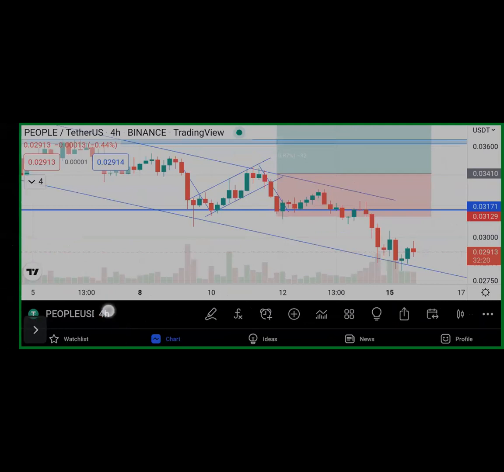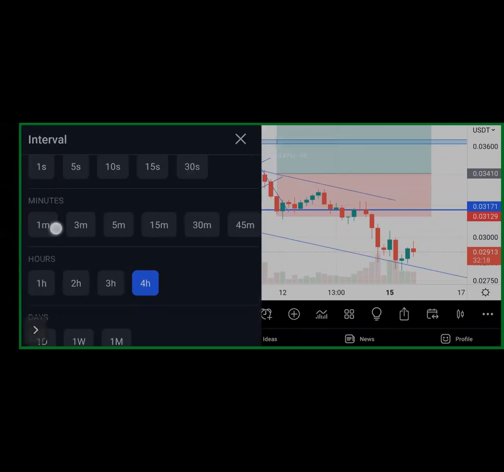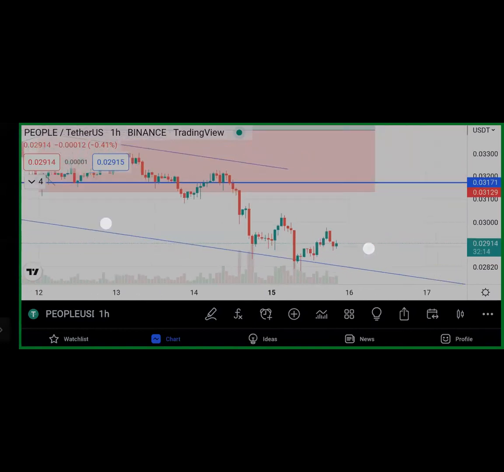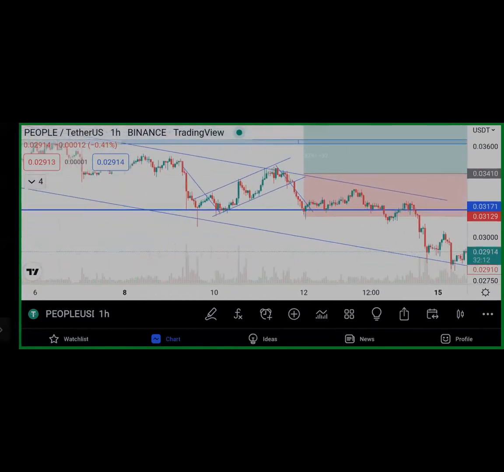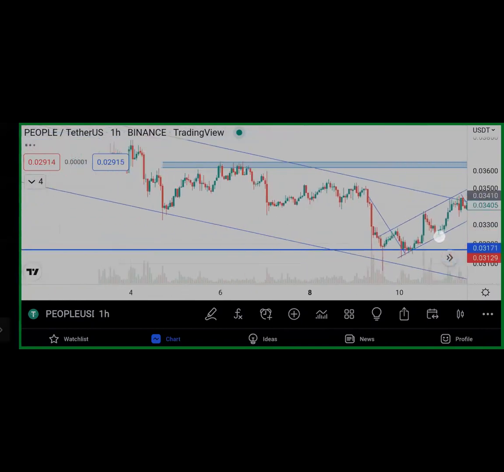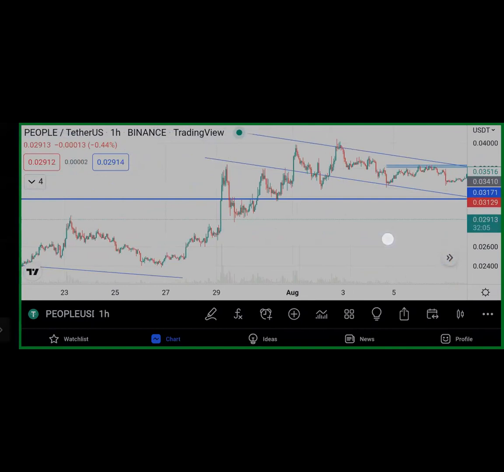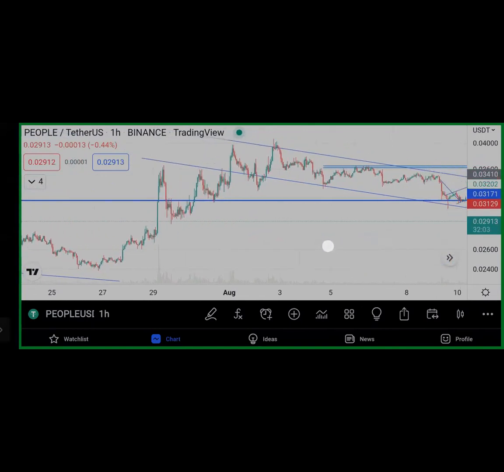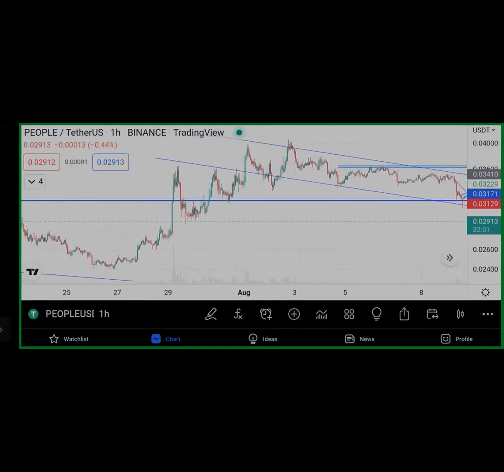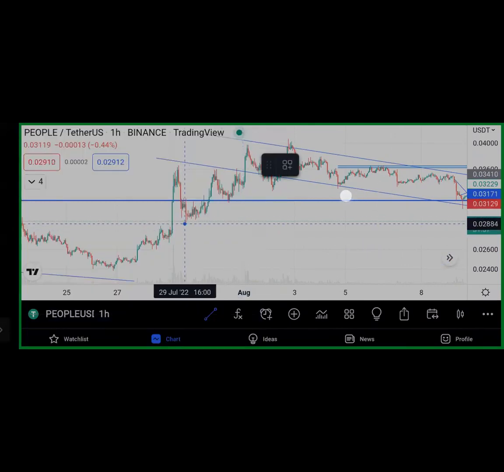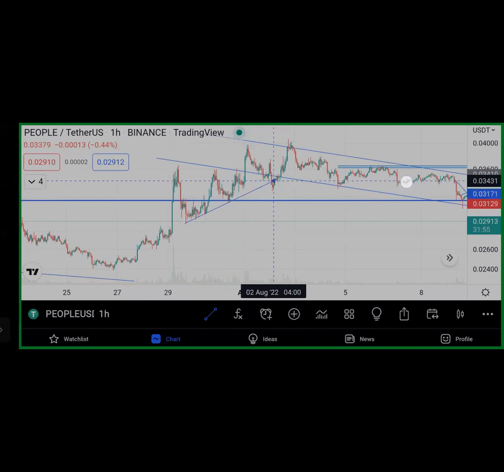Going to switch. So, 1 hour time frame. See if we can find one. All right, I think a rising wedge happened here. So let me connect my trend line and see for myself.